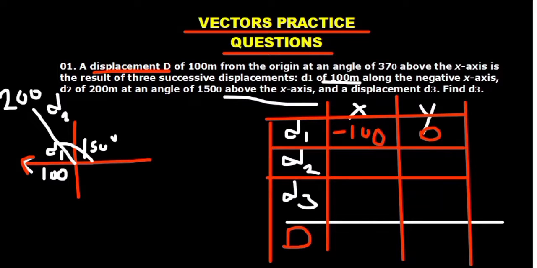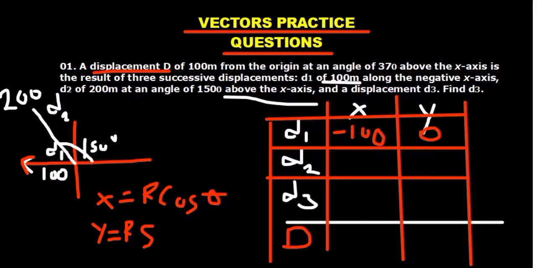Okay. D2, we are told, is 200 meters at an angle of 150 degrees above the x-axis. You need to know that the x component from trigonometry is determined by the vector r multiplied by cosine of the angle. The y component, on the other hand, is given by the vector multiplied by sine of the angle.